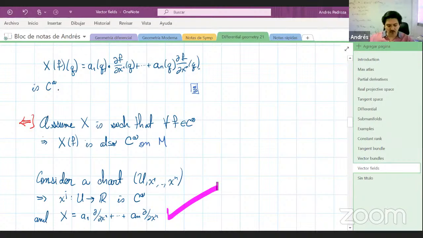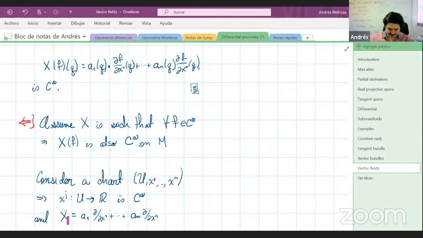What we want to show is that these functions on U are C infinity. And that way we will be done. We know that X is a C infinity vector field. So we want to show that A1, A2, up to AN are C infinity functions.